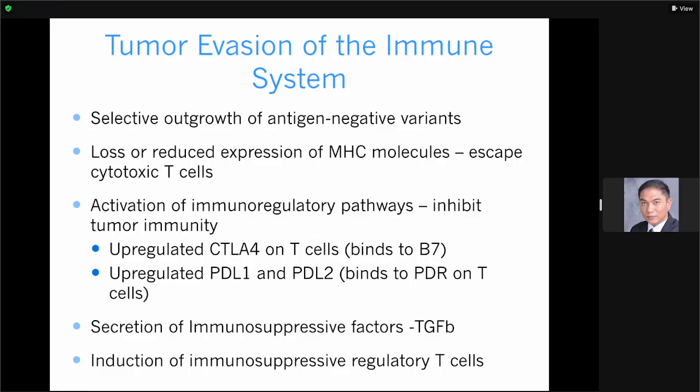So this is a molecule that is secreted during repair phase kapag merong inflammation, pag magre-repair na. The fifth is induction of immunosuppressive regulatory T cells.